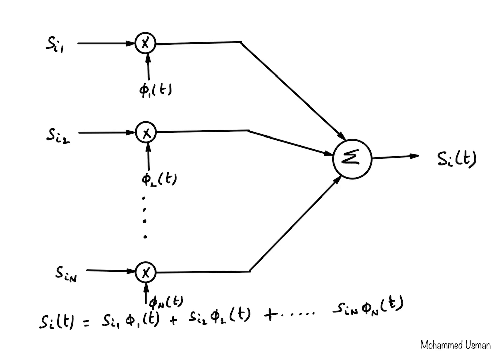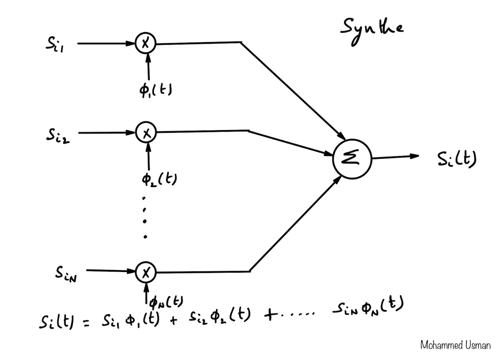Basically what we are trying to see here is that we can use this equation or this block diagram to synthesize our signal, that is, to construct the signal Si of t using the vector elements Si1, Si2, Sin, and the basis functions phi 1 of t, phi 2 of t, and so on. So this is basically the synthesizer block diagram for synthesizing a signal from its geometric representation terms.